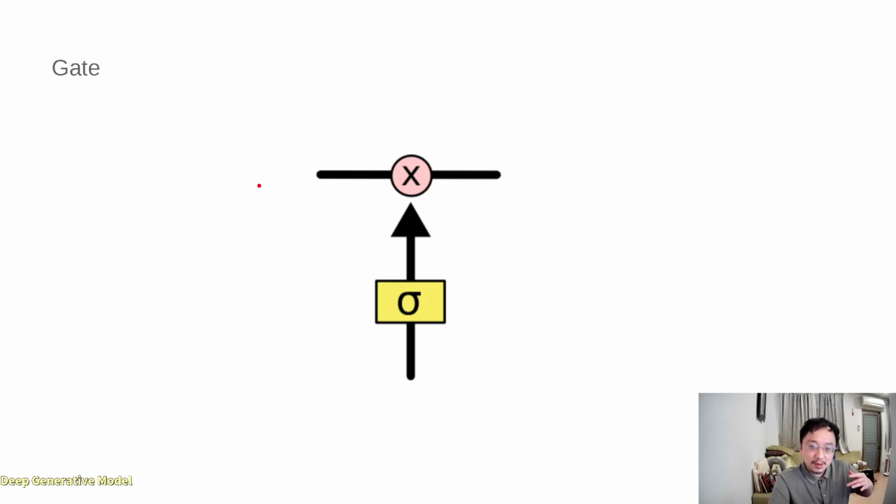For example, let's consider the long-term memory. I have a memory here. The memory is a vector. Let's consider a vector of length 10. So you can consider we have 10 numbers, or 10 boxes, where each box contains a number.